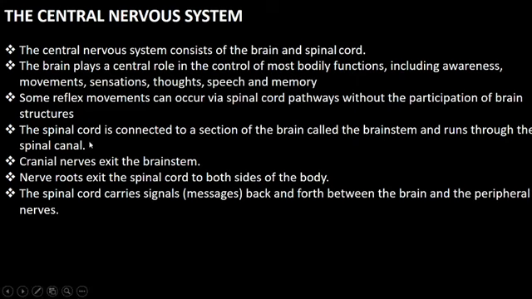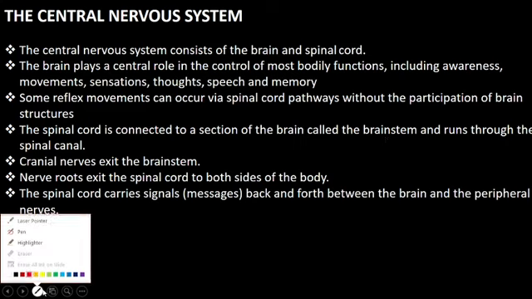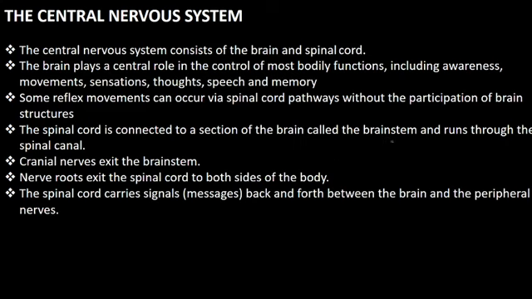The spinal cord is connected to a section of the brain called the brainstem. This is a very important point. If you don't know that your brain has a stem called the brainstem, that is the point that your spinal cord is connected to.